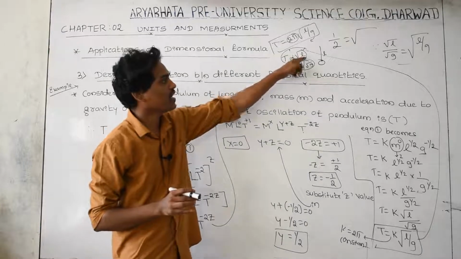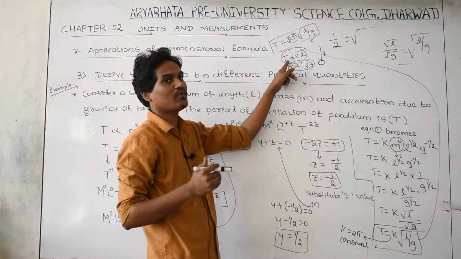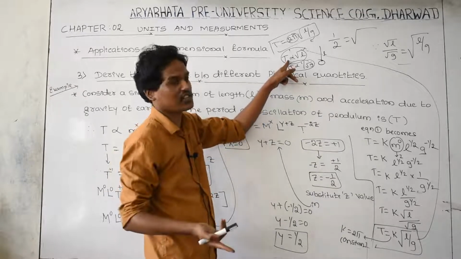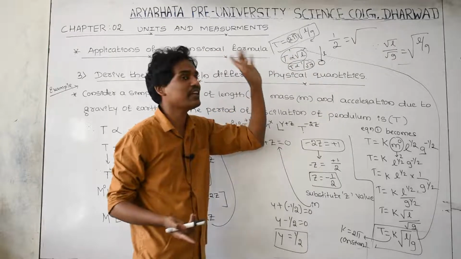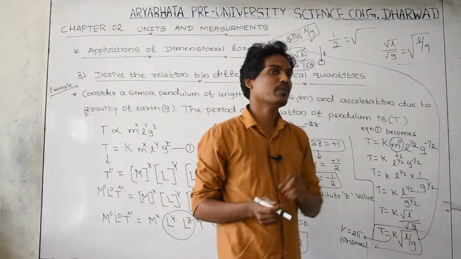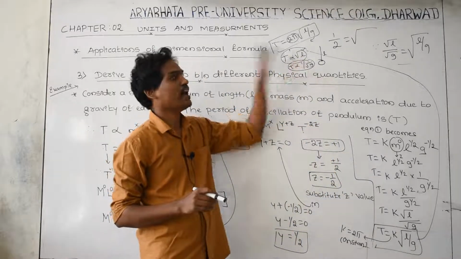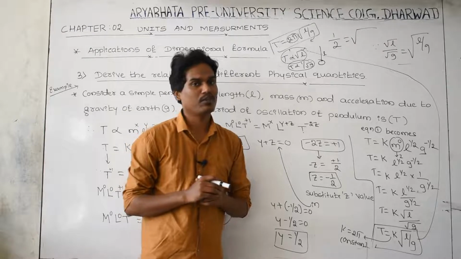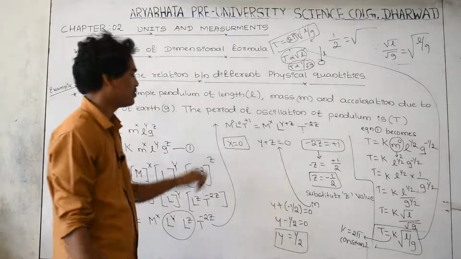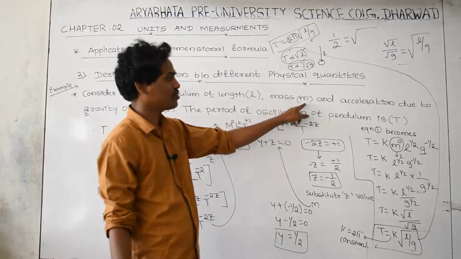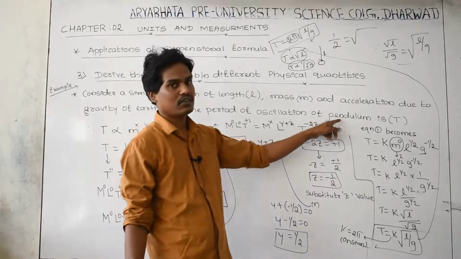If the length of the pendulum is more, then the time taken to complete one oscillation increases. More the L, more the T; lesser the L, lesser the T. The time taken by the pendulum to complete one cycle directly depends upon the length of the pendulum. Now four physical quantities: length, mass, acceleration due to gravity and time period.